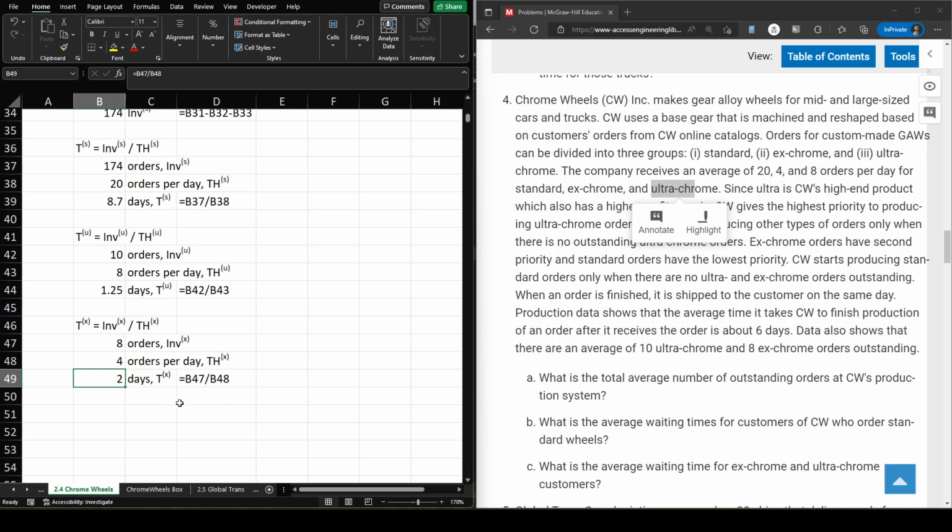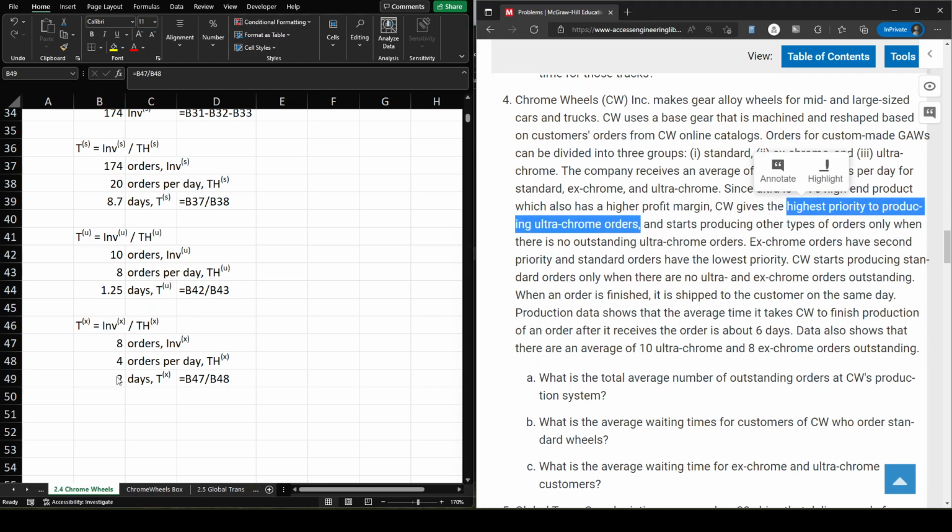So customers for X Chrome are waiting 2 days. That is correct. X Chrome takes longer than Ultra Chrome. Ultra Chrome is the highest priority, so we would expect the Ultra Chrome wait to be less than the X Chrome, which it is. 1.25 days is less than 2 days. And that is the recording for problem number 4 in chapter 2.